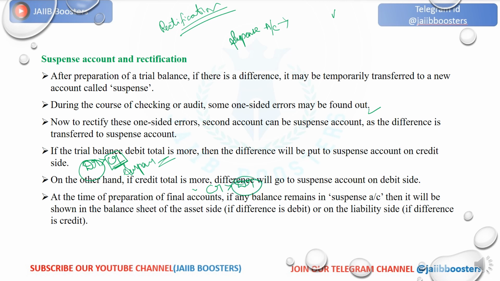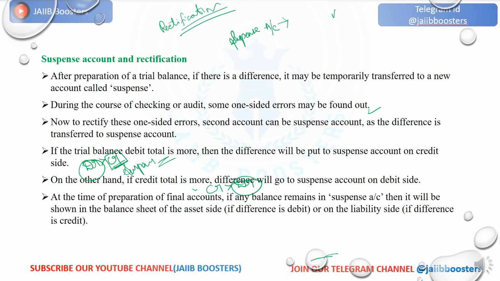At the time of preparation of final accounts, if any balance remains in the suspense account, then it will be shown in the balance sheet on the asset side if the difference is debit, or on the liability side if the difference is credit.